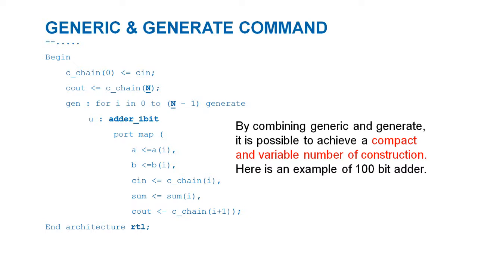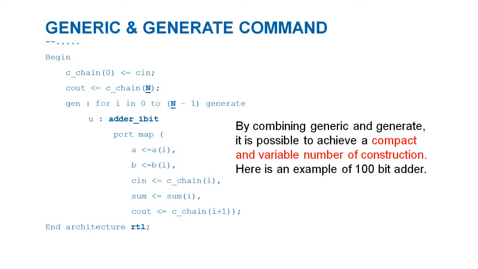So for each adder 1 bit, here is our port mapping that says that for every bit of A, we attach it to a particular bit location of input A, which is given by the I in the for generate construct. And so here is our implementation. It looks very, very identical to the 4-bit adder that we did a few minutes ago.